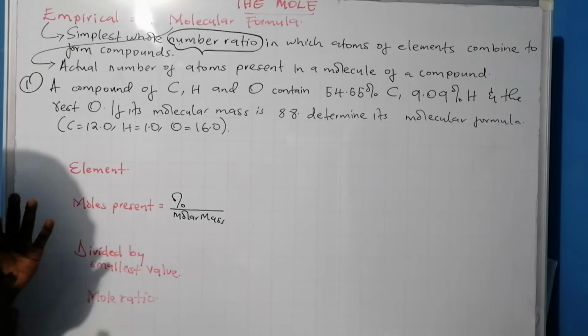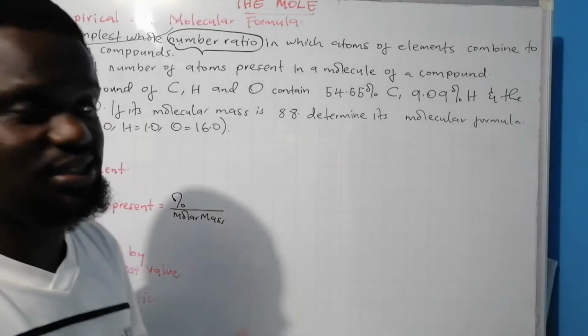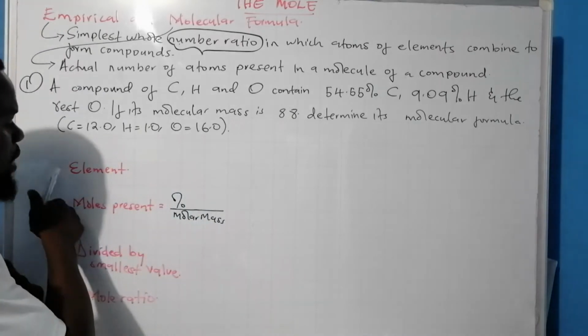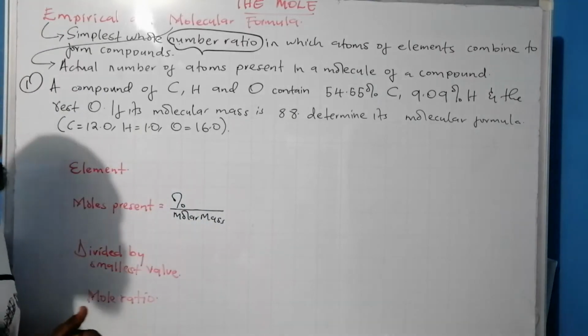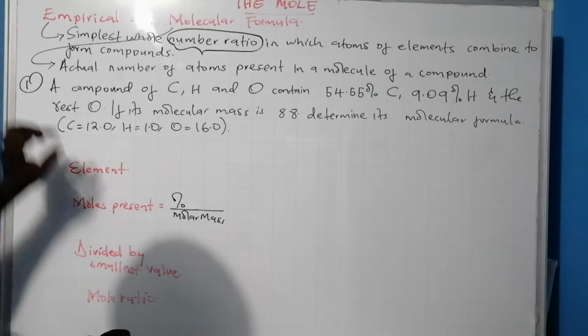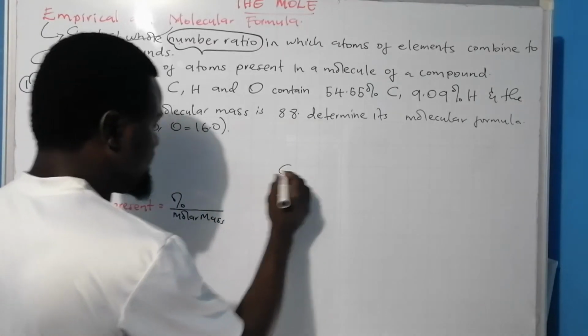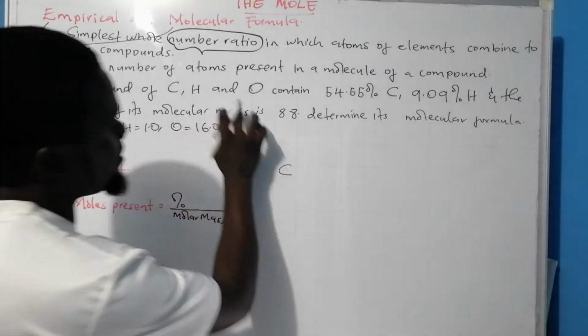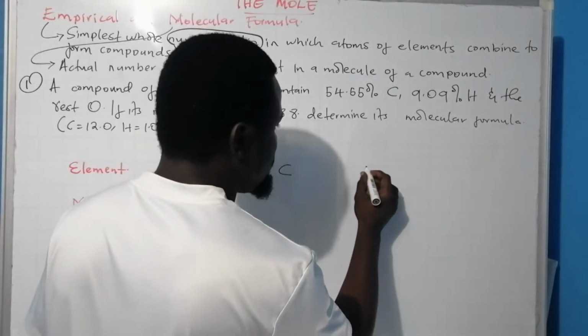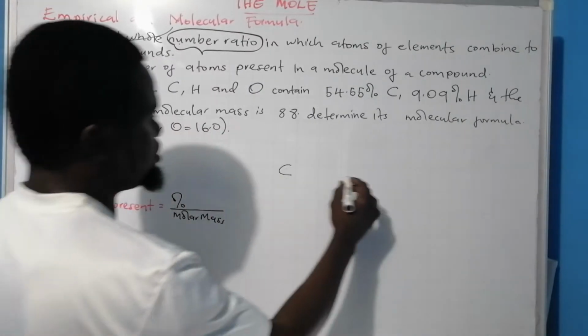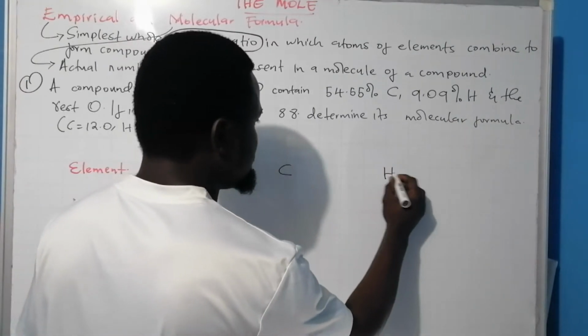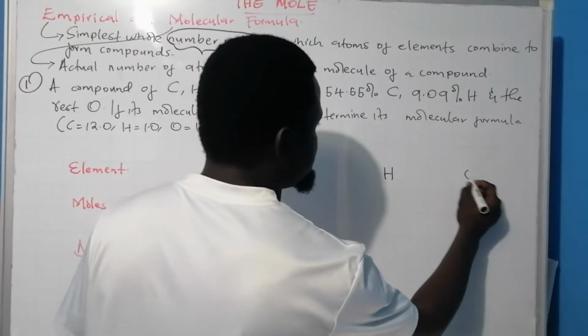Now, what I normally advise students is this. First, identify the elements that are present in the question. And we are told that a compound contains, let me see, the first one is carbon, the second one is hydrogen, and finally the third one is oxygen.